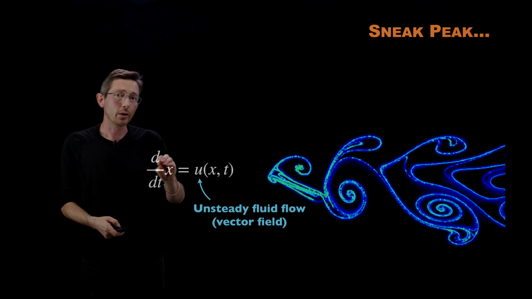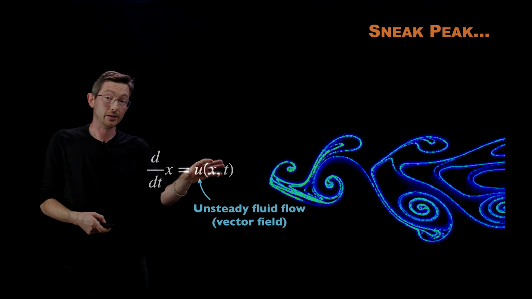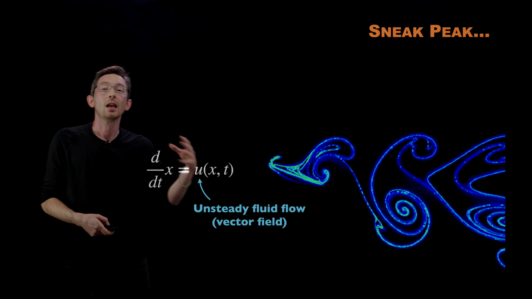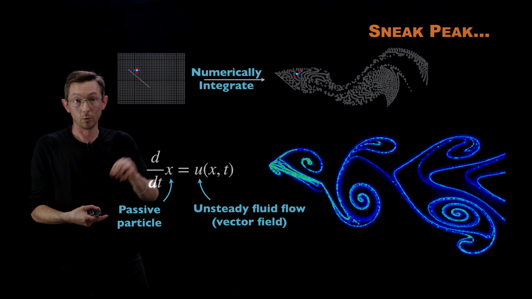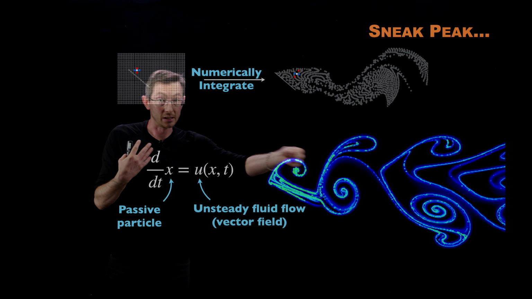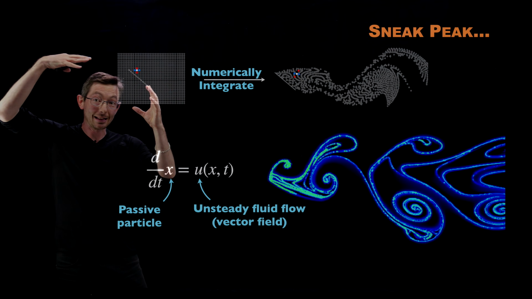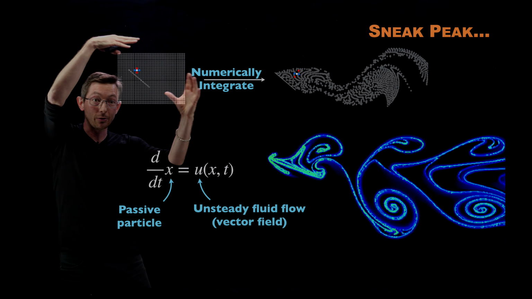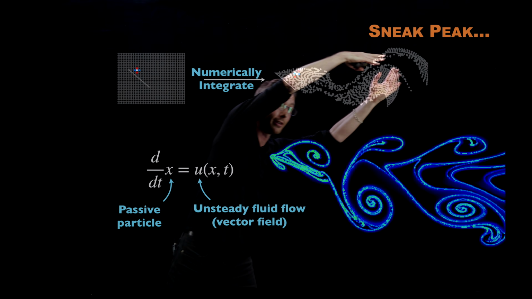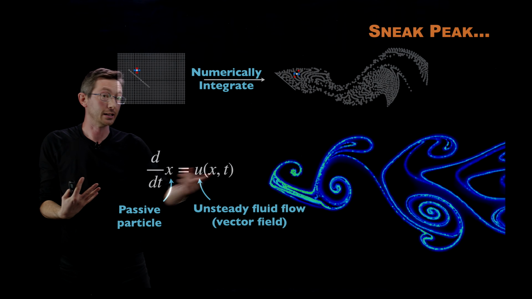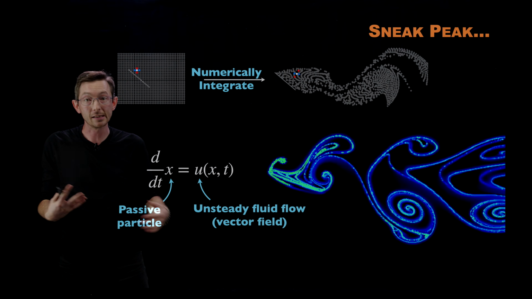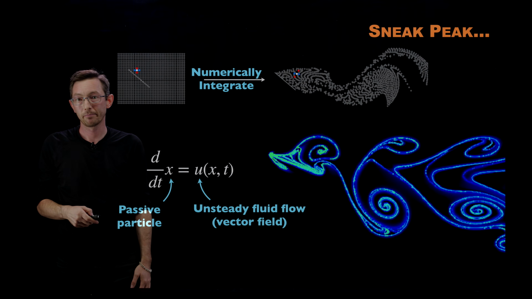And we're going to look at how that velocity field, that vector field of the fluid, is a differential equation for how a passive particle would move if I drop a little dust particle or a smoke particle. And in this class, we're going to look at how to numerically integrate those test particles forward throughout that flow field and extract really interesting, useful quantities like these cool movies and other things like it.